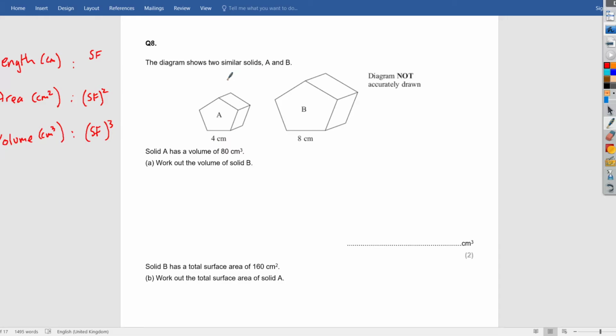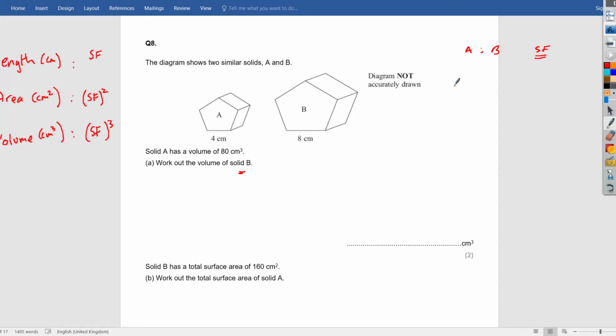The diagram shows solid shapes A and B. So we've got lengths here. Now solid A has a volume of 80 centimeters cubed. Find the volume of the solid B. As we set this up, I'm going to say we've got A and we've got B. Then I'm going to put my scale factor separate here.